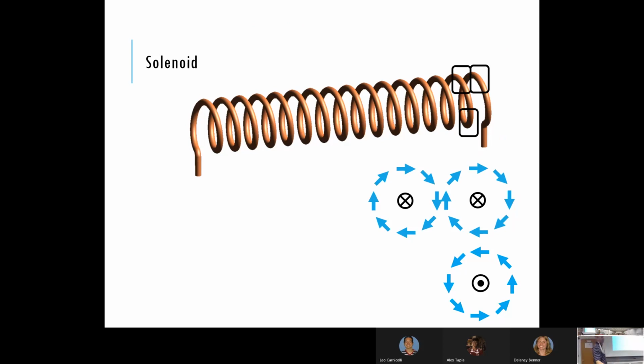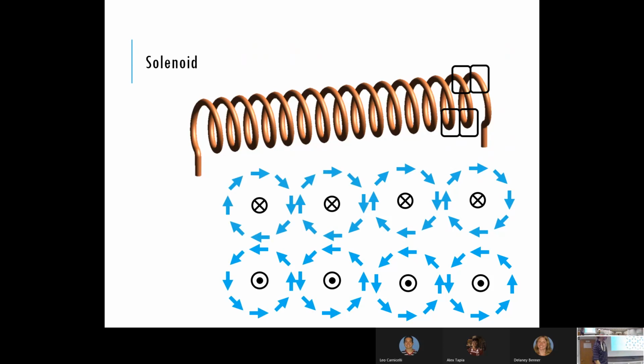Of course, then I go to the bottom, and it's coming out. And as I go down the line, because it's a spiral, I will continually get places on the top where it's going in, which gives me a clockwise magnetic field. On the bottom, it's coming out, which gives me a counterclockwise magnetic field.